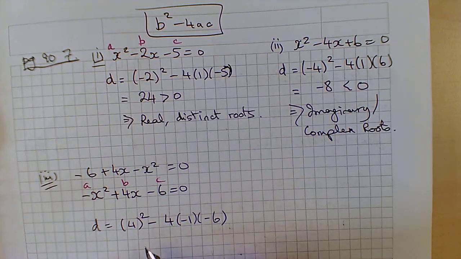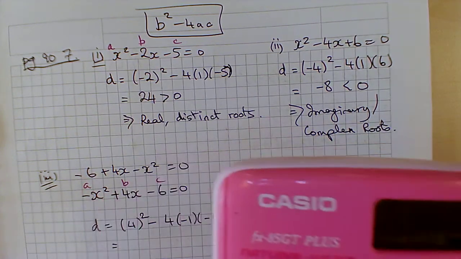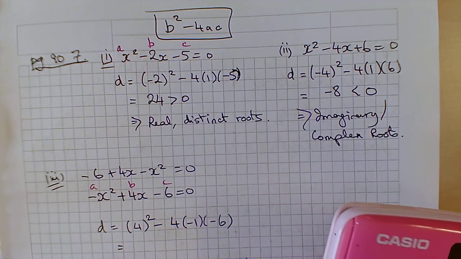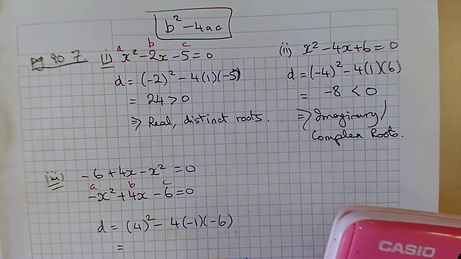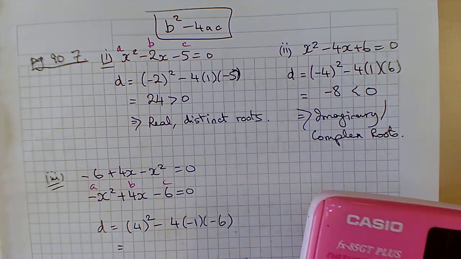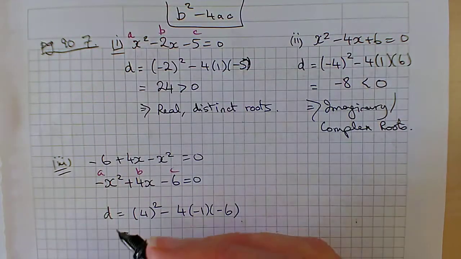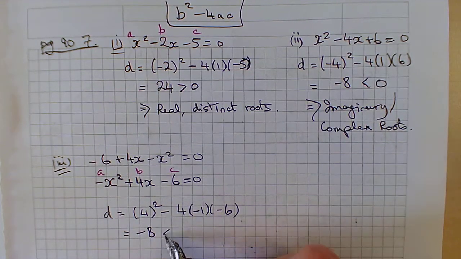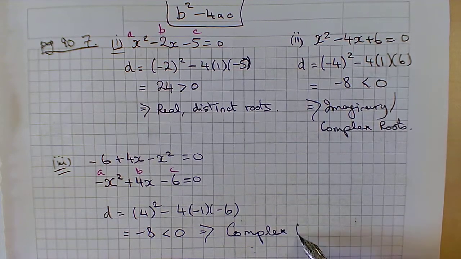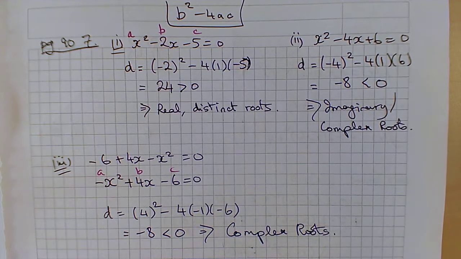Sorry, that's squared, so that's 16 minus 24. This one has imaginary as well. Let me just double check it on the calculator. 4 squared minus 4 times a negative 1 times a negative 6. And we get minus 8. So that's minus 8, and that's less than 0. So again, we have imaginary or complex roots. Complex is the better term to use here. So we'll start to get used to that.